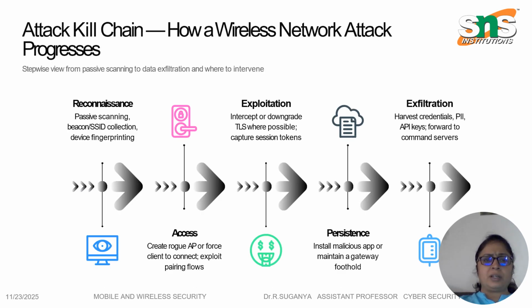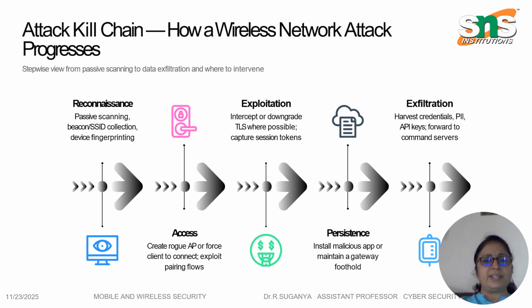And next is how a wireless network attack progresses. Reconnaissance is passive scanning, not active, with indirect attacking. And exploitation intercepts or downgrades TLS where possible and captures tokens, like session tokens, the user ID and password. Everything is taken when exploited inside the network.